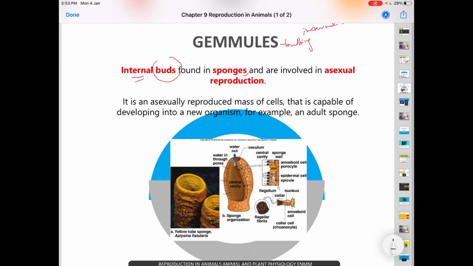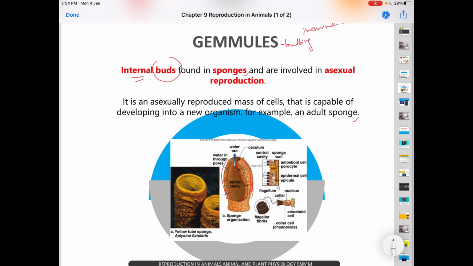It is an asexually produced mass of cells that is capable of developing into a new organism, for example into an adult sponge. So this is a yellow tube sponge, species Aplysina fistularis. Okay, so this is the parent. If you can see, this is a very small part with flagella attached to it.